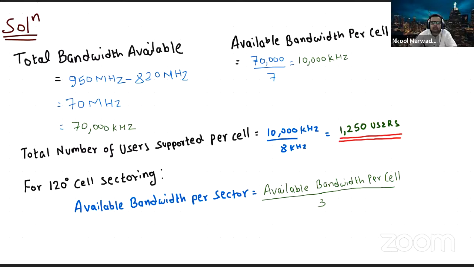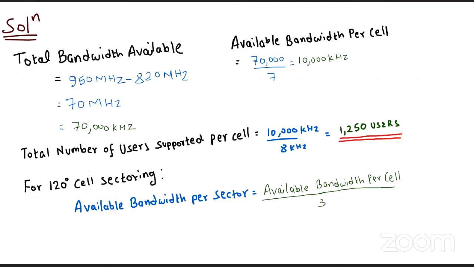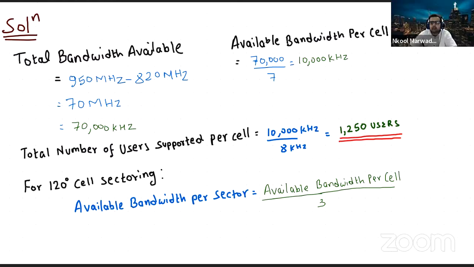Rest everything was correct. So it is 10,000 by 3. Let me keep it like this, 10,000.